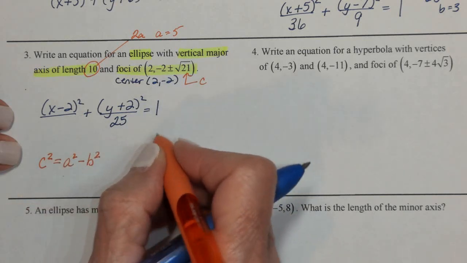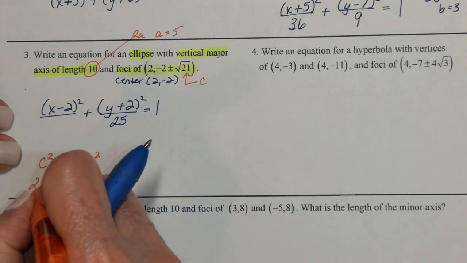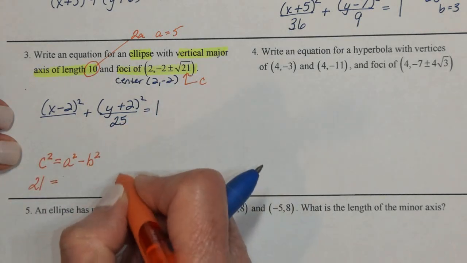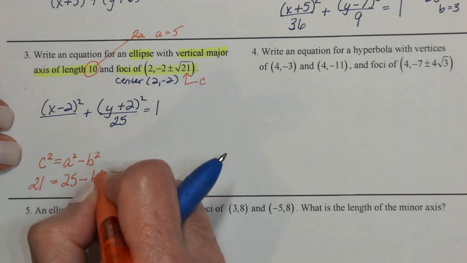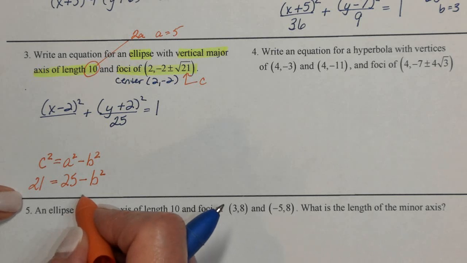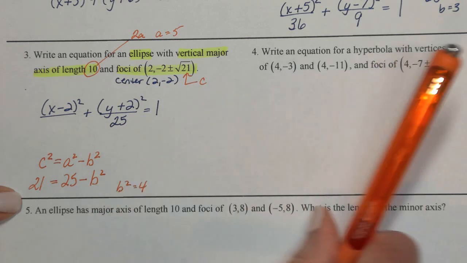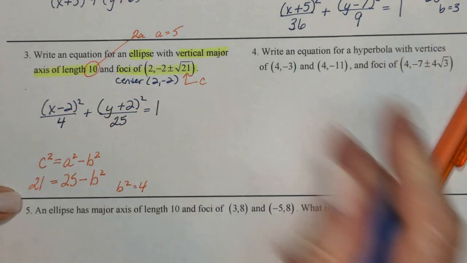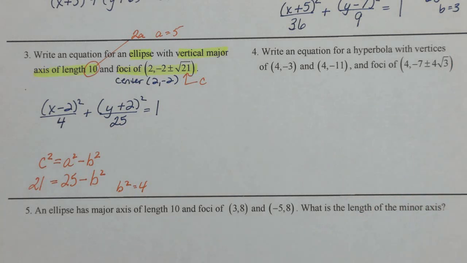If I square the square root of 21, that will equal a squared, which I know is 25, minus b squared. So b squared must be 4. Must be 4, right? All right.